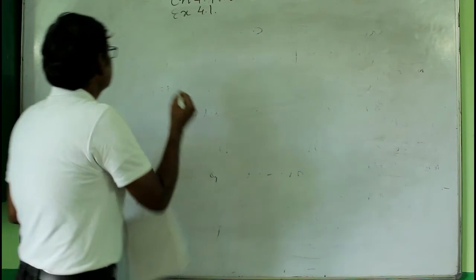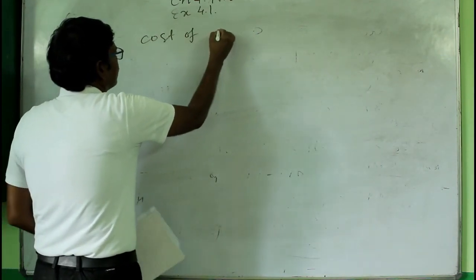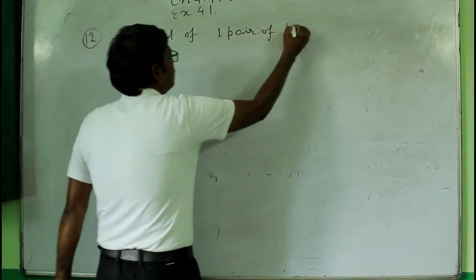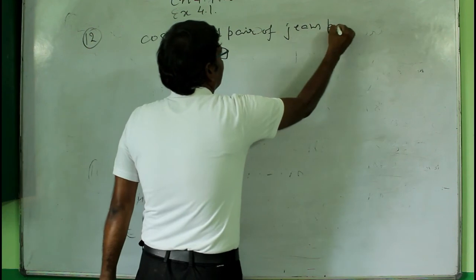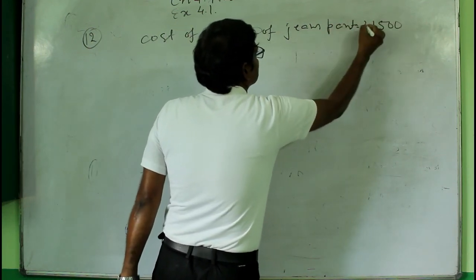So first write here, the cost of one pair of jeans pant equal to 1,500 rupees.